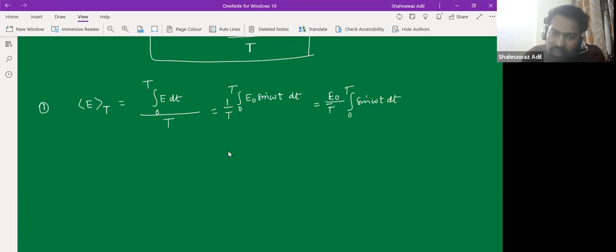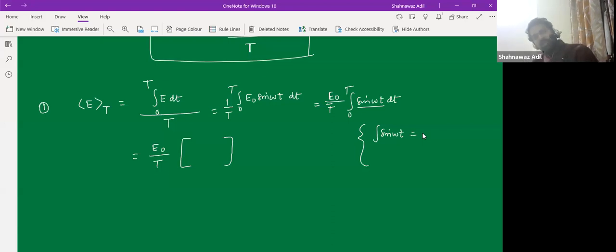So if I integrate this, that would be E naught by t times the integration of sine omega t. That would be how much, guys? Can you tell me?